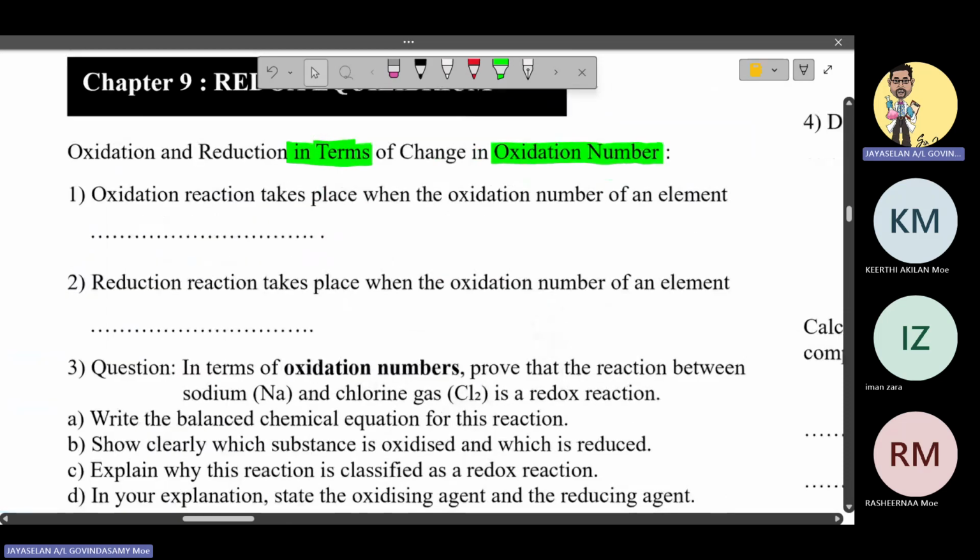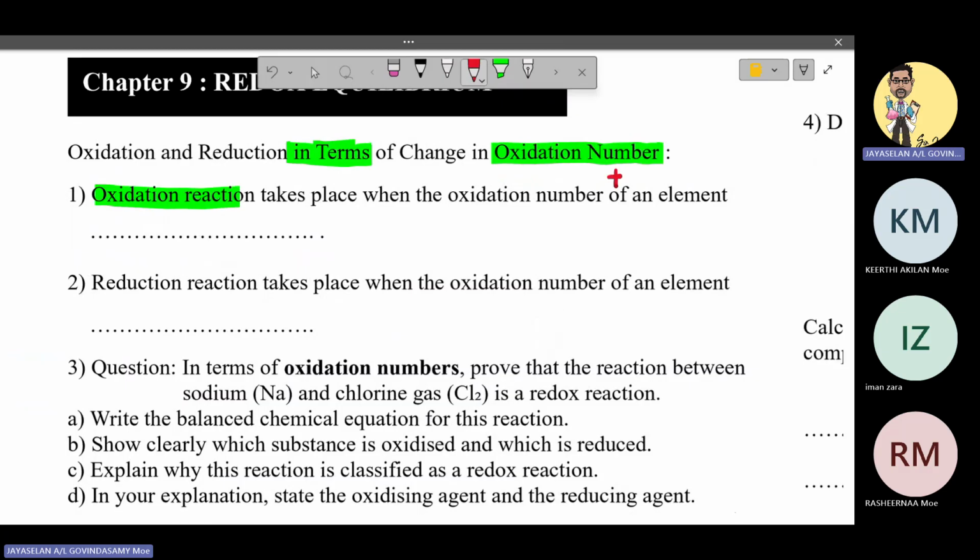So they put here: oxidation reaction takes place when the oxidation number of an element increases. Reduction takes place when the oxidation number of an element decreases. You already score 1 mark.